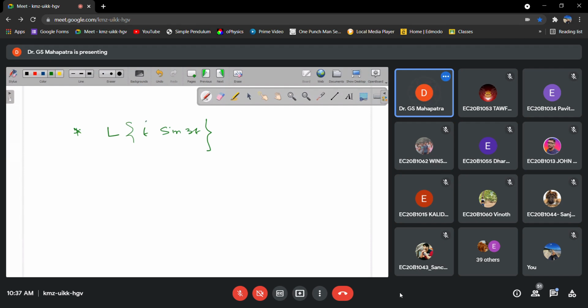So is it okay now? t into sin 3t, actually I have changed to t square into sin 3t. Okay. So this one we have to apply. So applying, what we have to apply? Now we have to apply the properties of derivative of transform, that one, Laplace transforms.